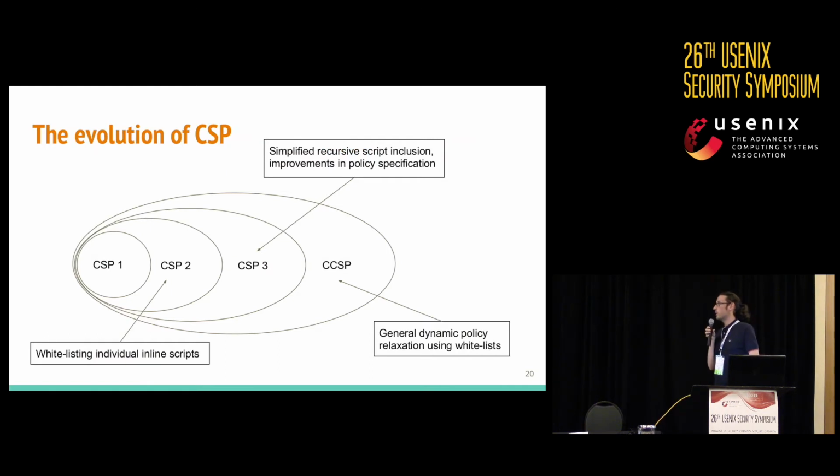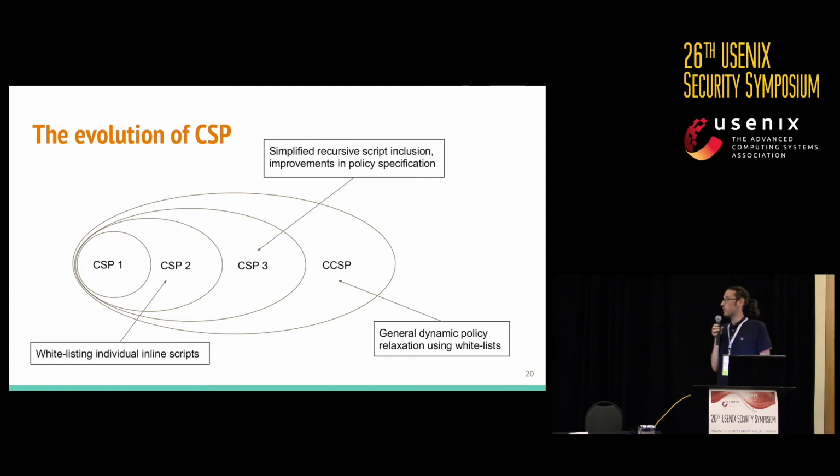This is just a summary on how CSP is evolving. So when moving from CSP1 to CSP2, what we got is the support for whitelisting individual inline script. We solved the first challenge, which I mentioned at the beginning of my talk. When moving to CSP level 3, we got some mechanisms to simplify recursive script inclusion and to improve policy specification thanks to the use of strict dynamic.